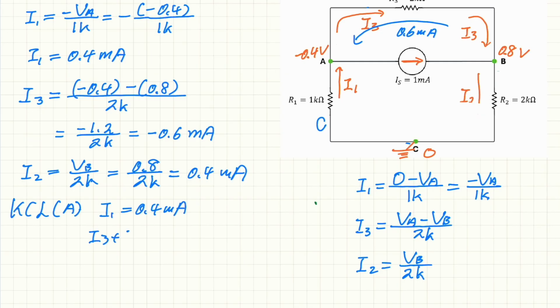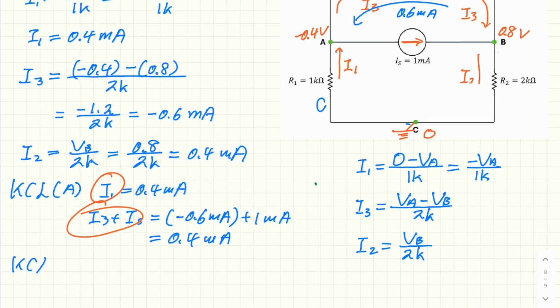I3 plus IS. For I3, we just put the number here because this is minus 0.6 milliamp, plus IS is 1 milliamp. So of course this is equal to 0.4 milliamp. So both sides are equal.